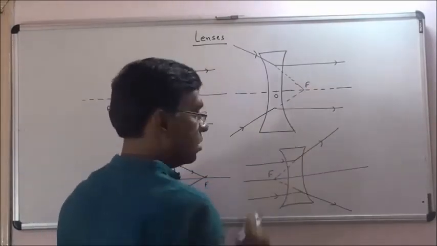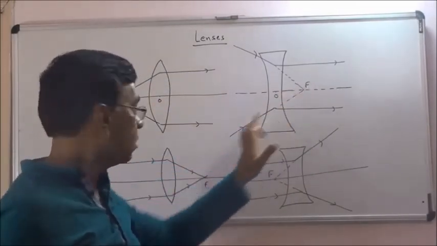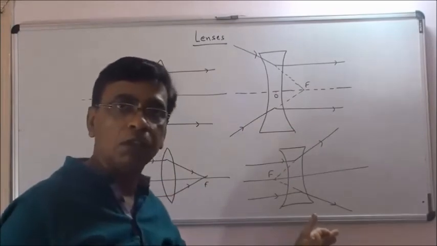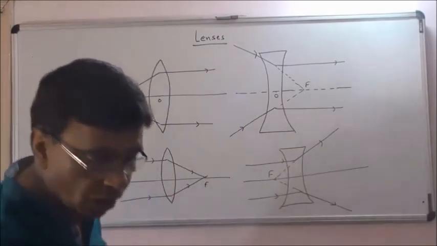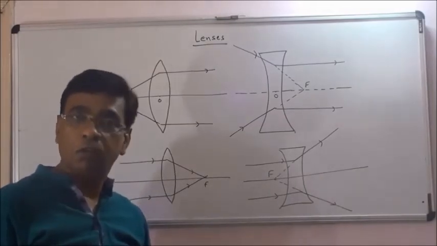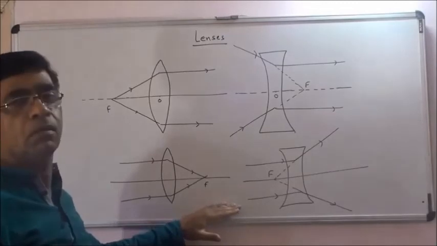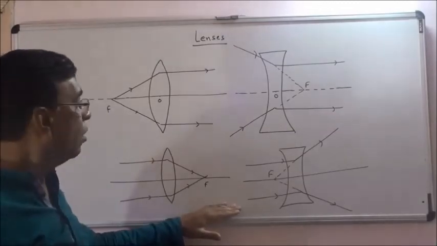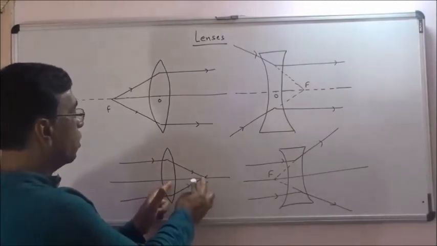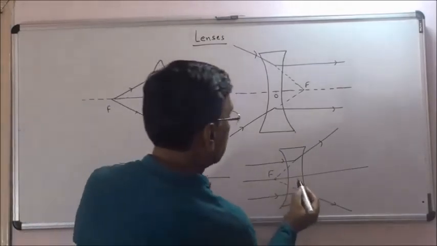This is called the first focus and this is called the second focus. However, whenever we are talking about the focus of a convex lens, then we usually mean this. Focal length will be the distance between the optical center and the focus. So this is the focal length.